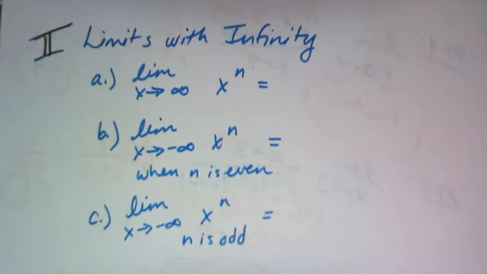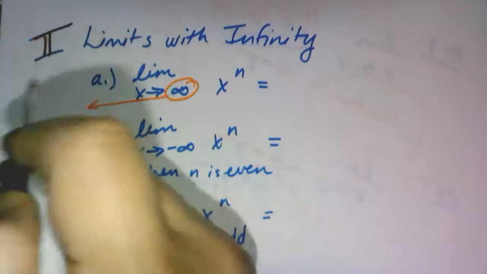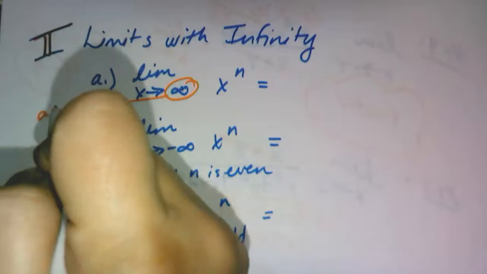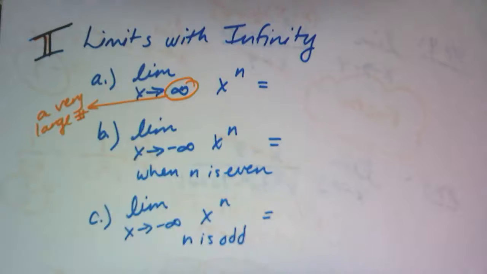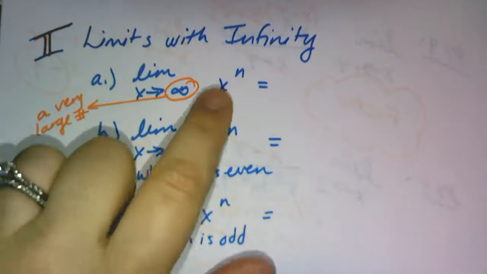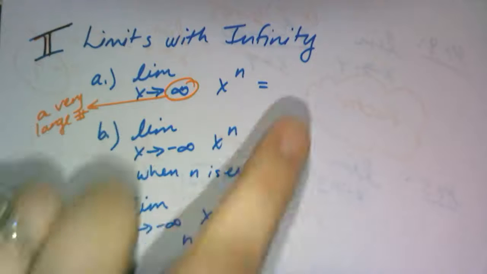Okay, I want you to think mathematically with me again. Come back to this idea of infinity. Infinity is a what did we just say? A very large number. If you were to plug in a very large number and then square it, what are you going to get out?